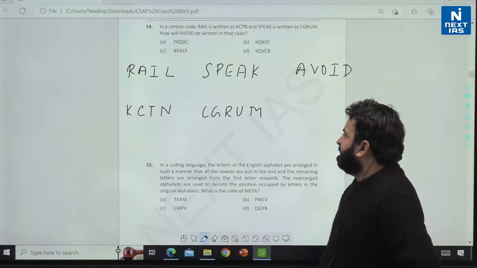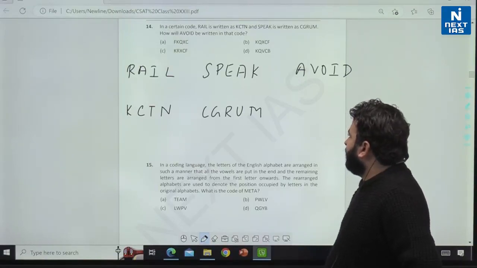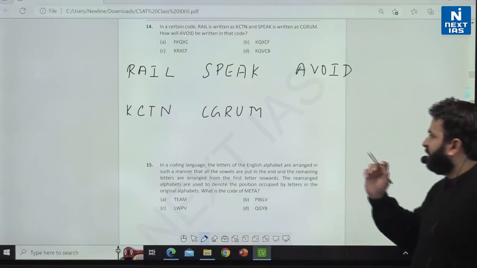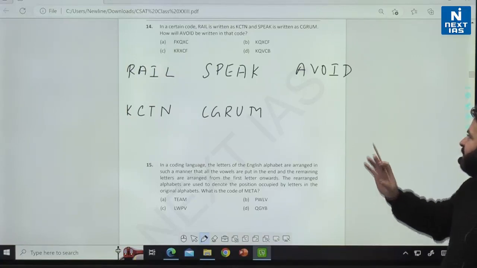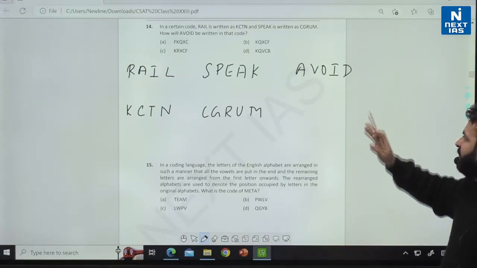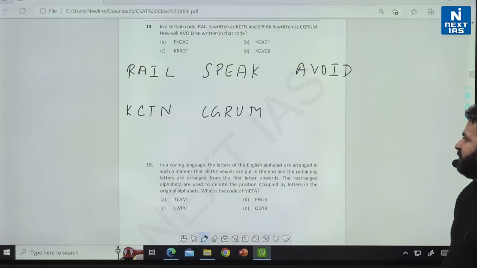Now look carefully. How will avoid be written in that code? So what is the pattern here? Is anyone getting any pattern? No pattern.